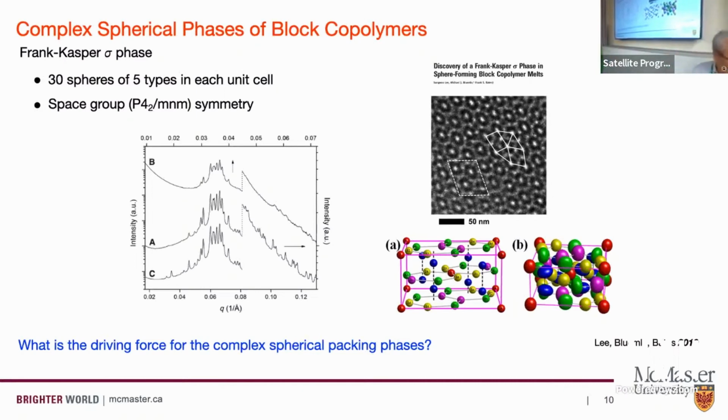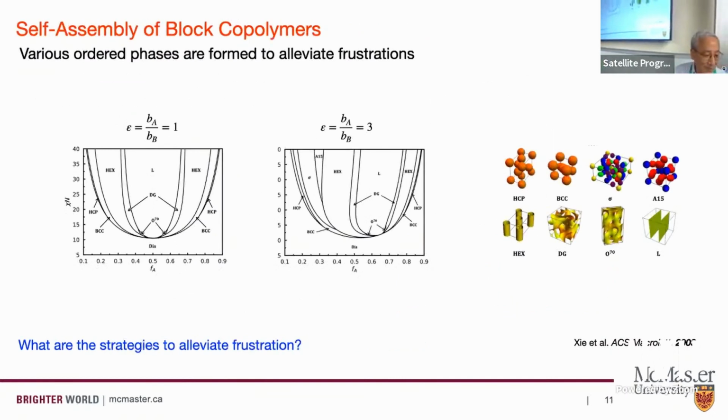We scratched our heads trying to understand why that is so, and eventually we came up with one thing: there's one parameter which hasn't been considered, which is what we call conformational asymmetry, which is that the two blocks have different stiffness, or different flexibility.